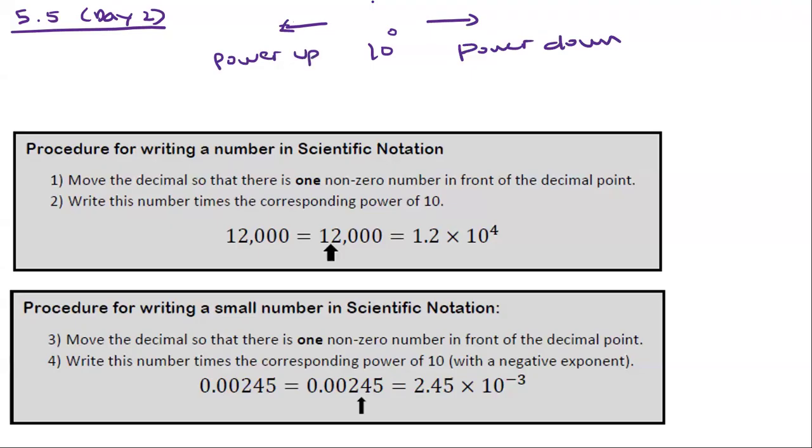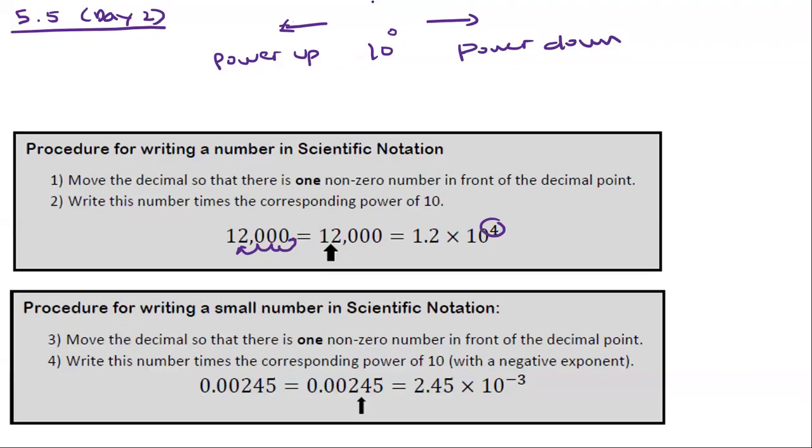So for example, here, in regards to writing scientific notation, notice that if I'm starting here on the very far right and I move the decimal 1, 2, 3, 4 to the left, the power went up. If it started at 10 to the 0, it went up to 10 to the fourth power.